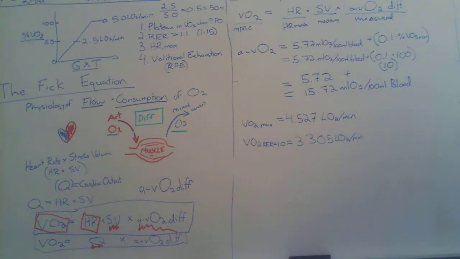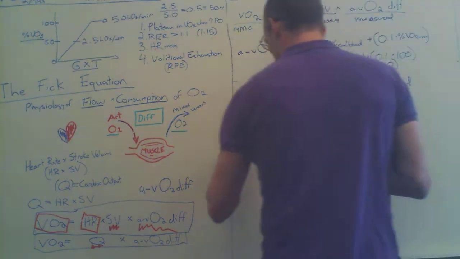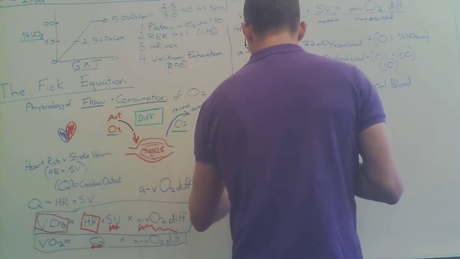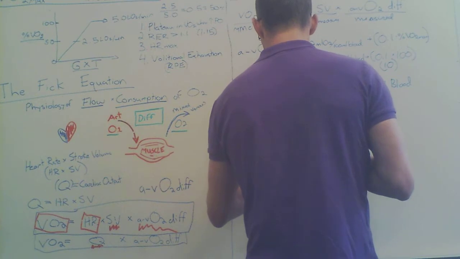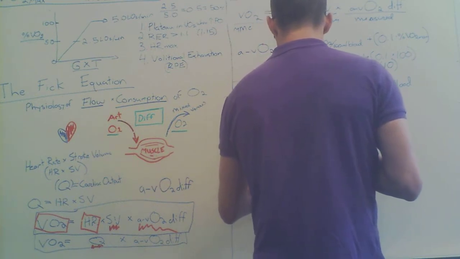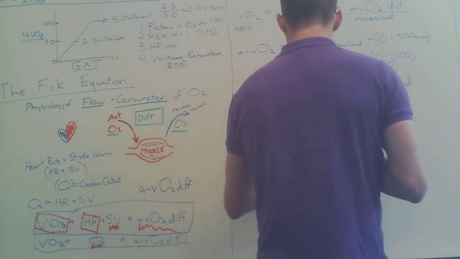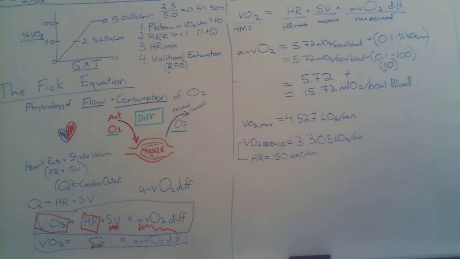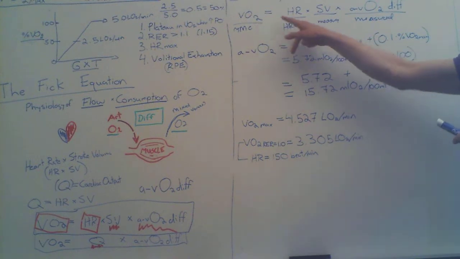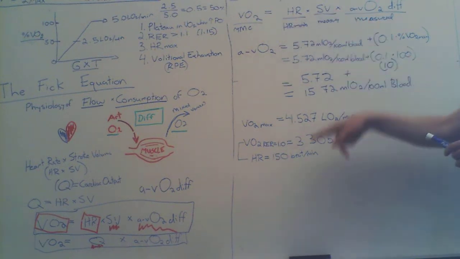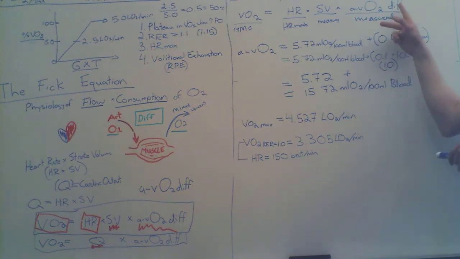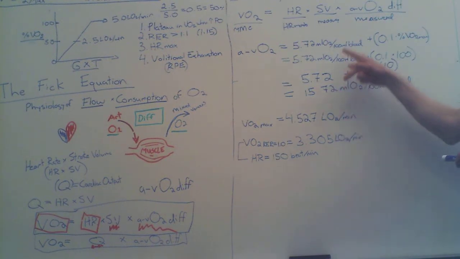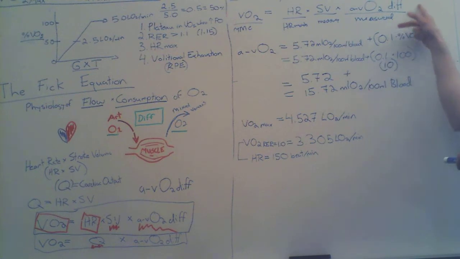And we know that at that same time point, around the anaerobic threshold, our heart rate was equal to 150 beats per minute. Well, we can see that we're able now to fill in a lot of these variables. Our oxygen consumption, our heart rate, we don't know the stroke volume, and we don't know the VO2 difference, but we can use the Stringer method to fill in this blank and then we can calculate stroke volume.